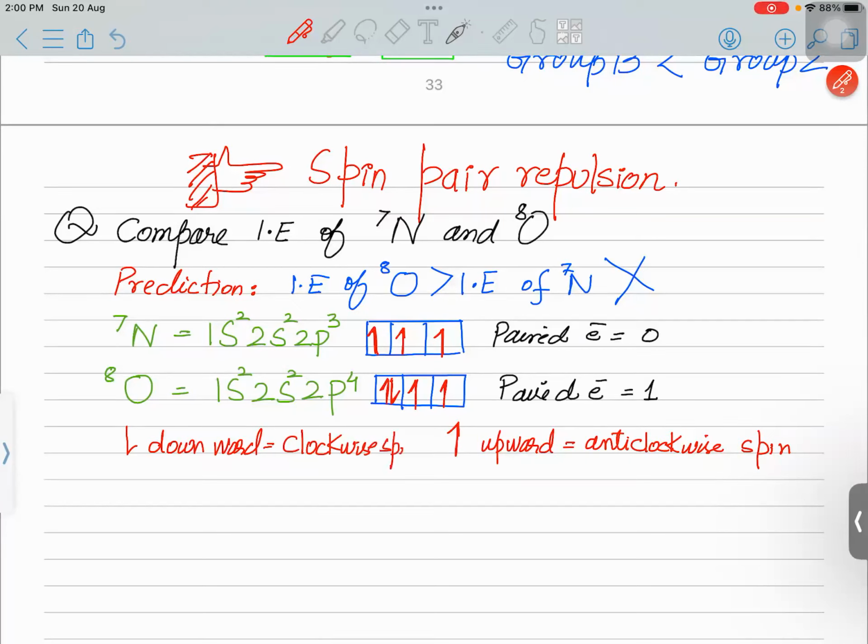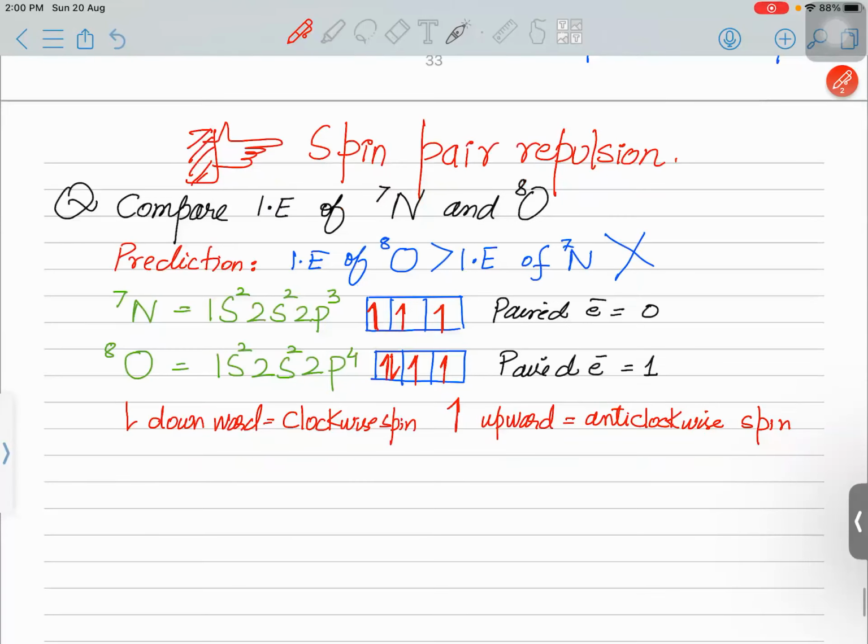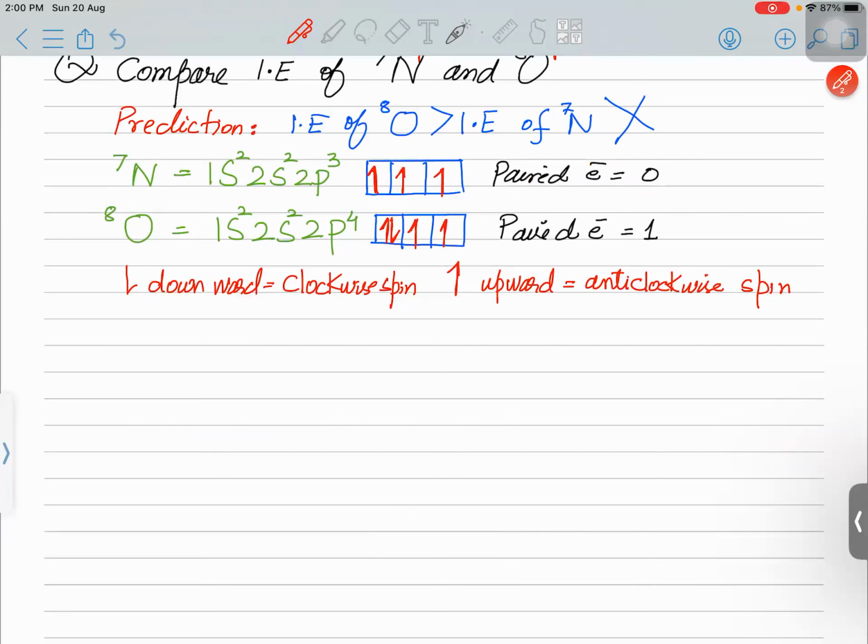Spin means movement of electron. We all know that electrons move. Movement of electron is called spin. So electron moves in two ways, either clockwise or anti-clockwise. If two electrons are in a box, there is more repulsion of electrons, so it is quite easy to remove an electron. This effect is called spin pair repulsion.